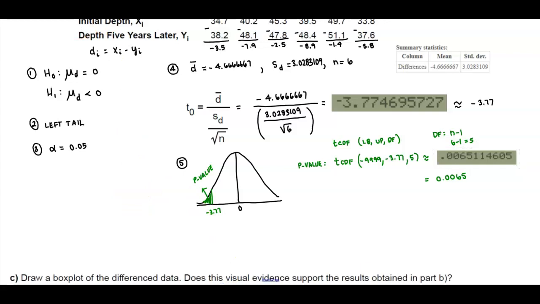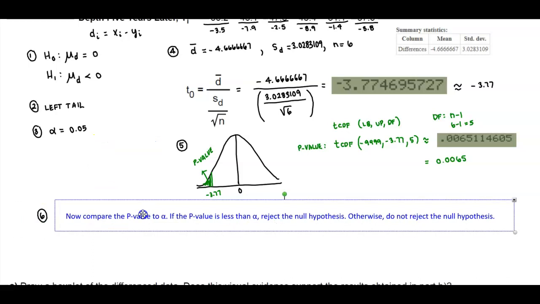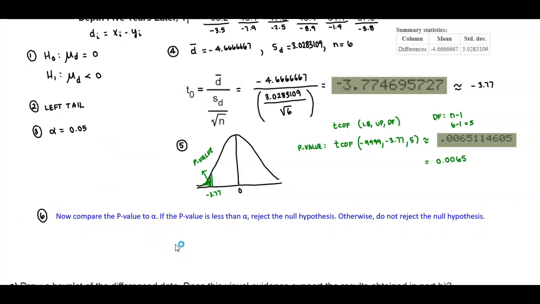Okay, so let's take a look at step number 6 then, because we want to be able to compare. For step number 6, we're going to compare the p-value to alpha. So let's take the p-value versus the significance level.